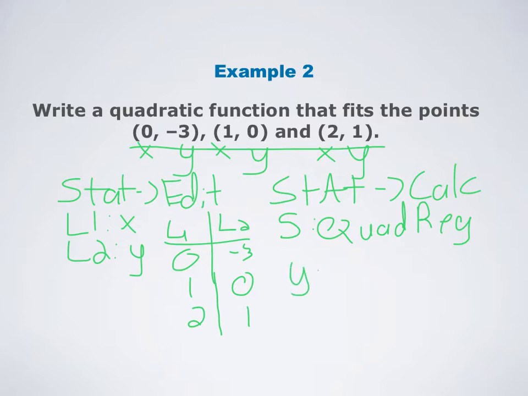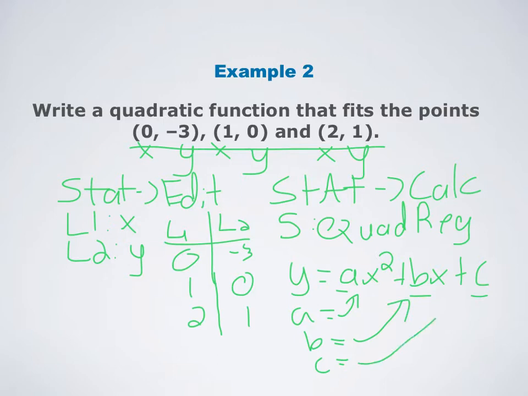On that screen, at the very top, you're going to see y equals ax squared plus bx plus c, which hopefully looks familiar to you. This is our standard form where we have a, b, and c. Those a, b, and c should then be listed right below that y value. Okay, if we just plug each of those then back into our equation, that will be our model for our data.